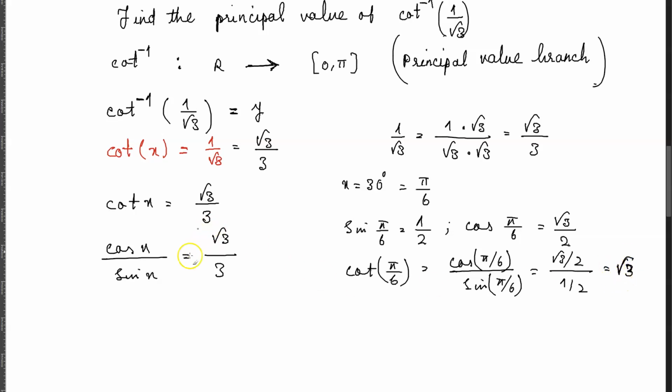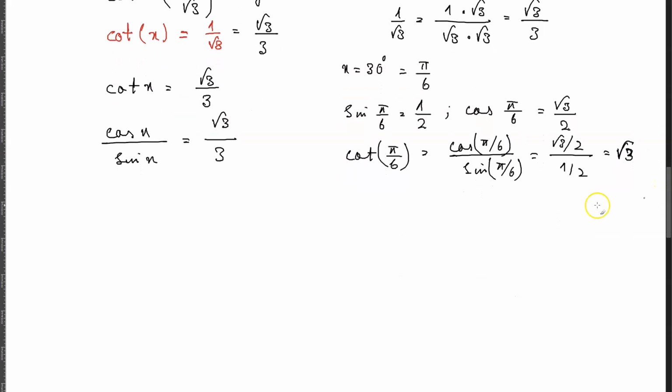So this is not what I'm looking for. I get square root of 3 over here, and this ratio is square root of 3 over 3. So let's see what we get for 60 degrees. If x is equal to 60 degrees, which is the same thing as pi by 3, right?